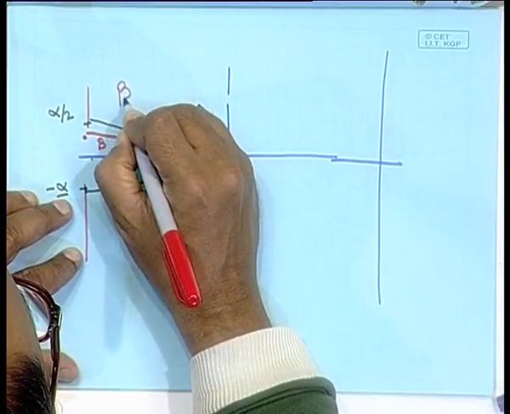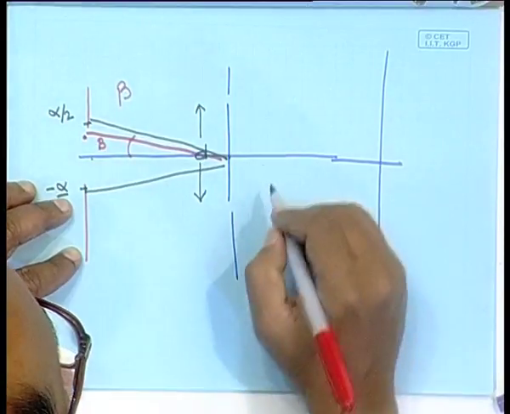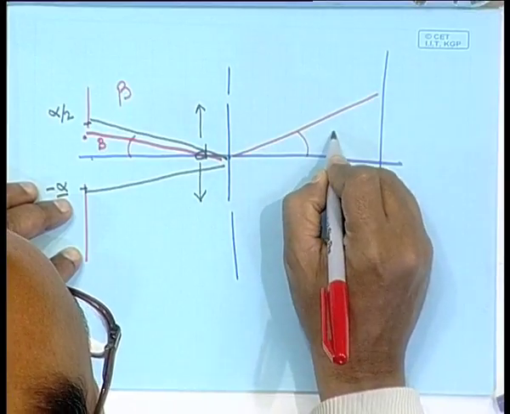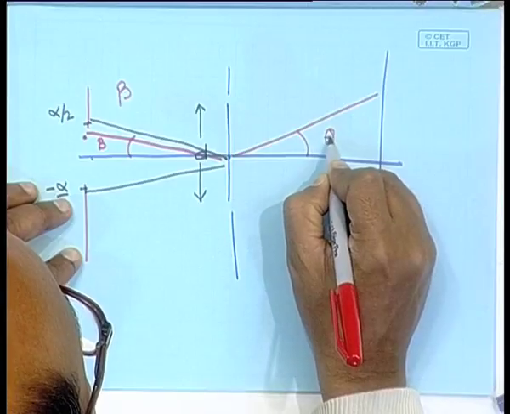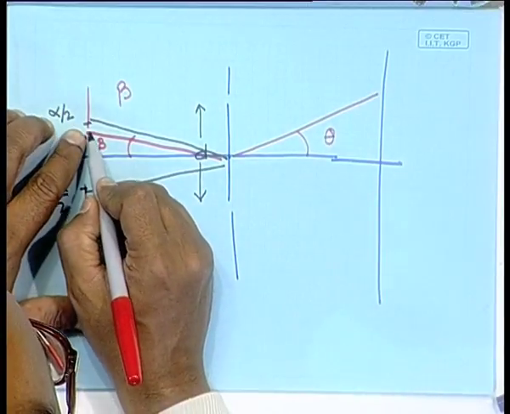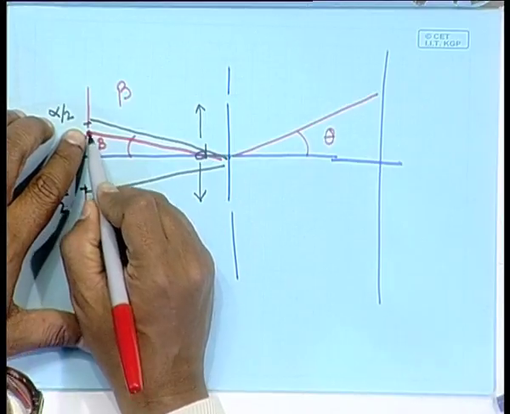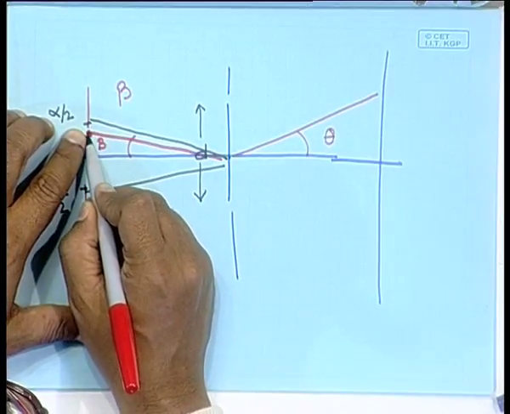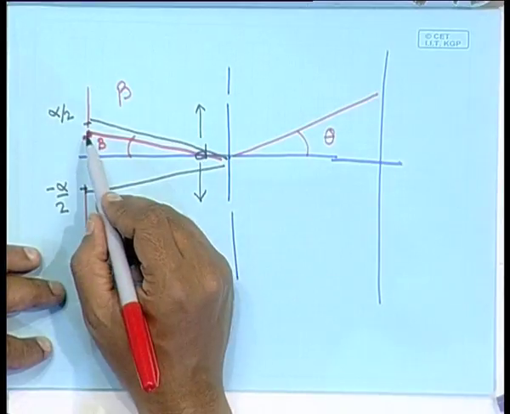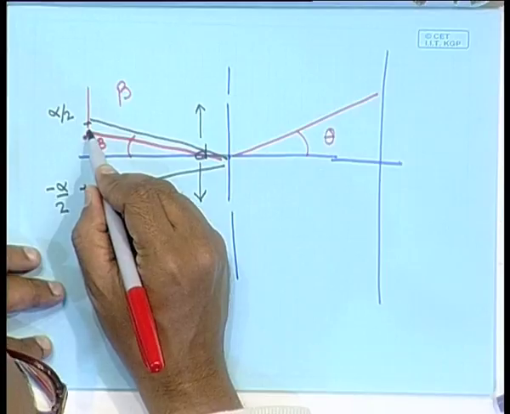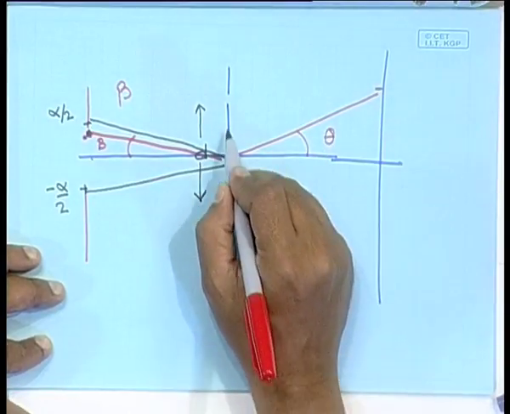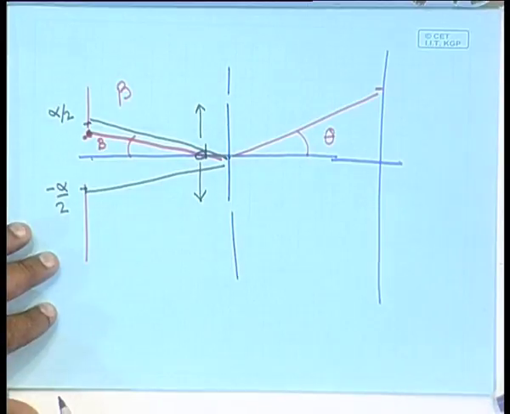So, this is at an angle beta, and let us take a point on the screen which is at an angle theta, and let us calculate the intensity produced by the source at a point beta. So, there is a point source at the point beta over here which is a part of my extended source. We would like to calculate the intensity produced by this point source on the screen over here at an angle theta with respect to the center of the slits.